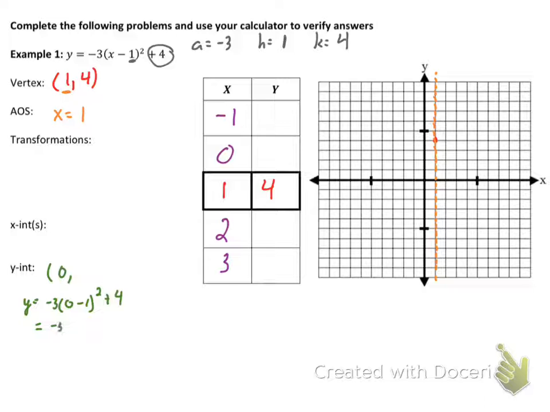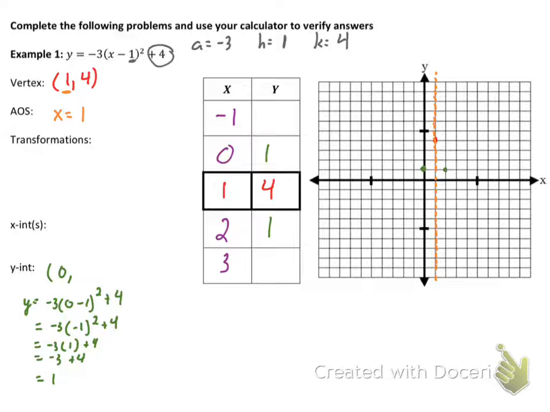As I simplify this using order of operations, you're going to see that when I plug in 0, I get out 1. So that is my y-intercept. It's not as easy as the y-intercept of standard form, where it was just the c term, but here, all you have to do is plug in 0 and see what you get out. So I get the coordinate 0, 1. Because of symmetry, if I plug in 2, I'm also going to get out 1.